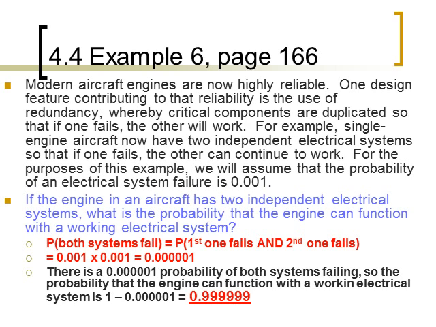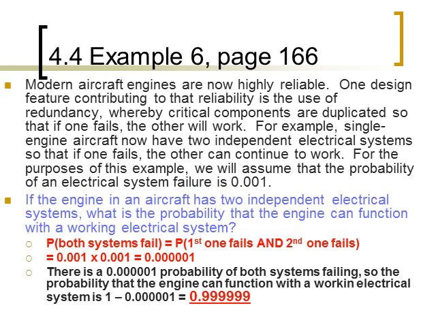That would be 0.001, that's the probability of failure, times 0.001, that's the probability of the second failure. And we get the number 0.000001. So there is a 0.000001 probability of both systems failing.